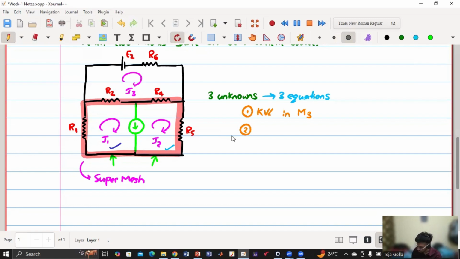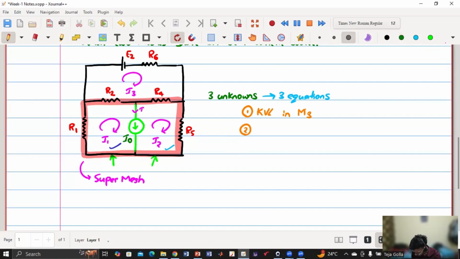So first of all, let us give this, say, some current I naught. Now I know I1 minus I2 is equal to I naught by applying KCL. So by applying KCL, we can get one equation. But maybe I should not directly say KCL because it is not applicable to any node. But if you see, current I1 is flowing in this direction, okay?